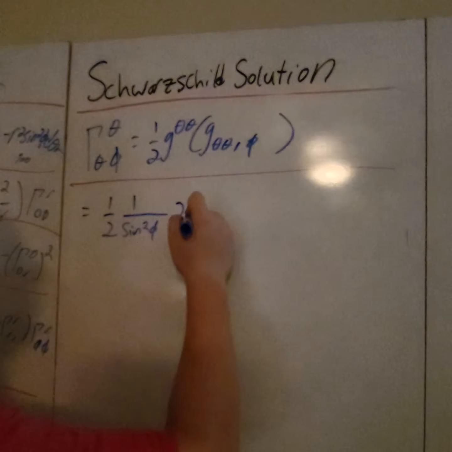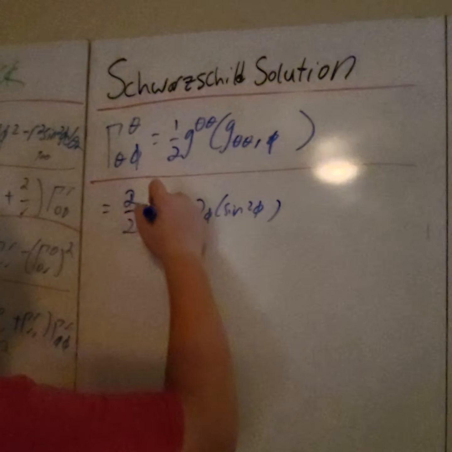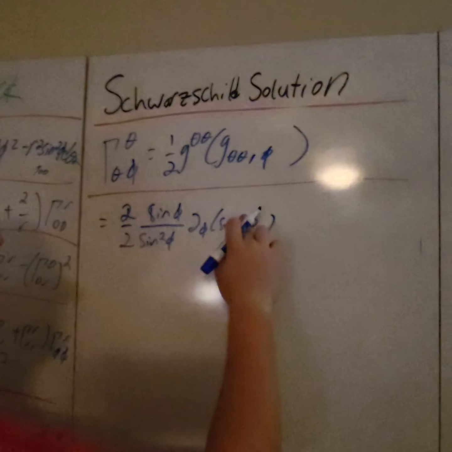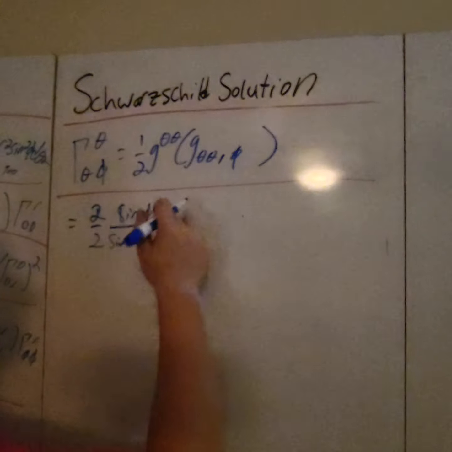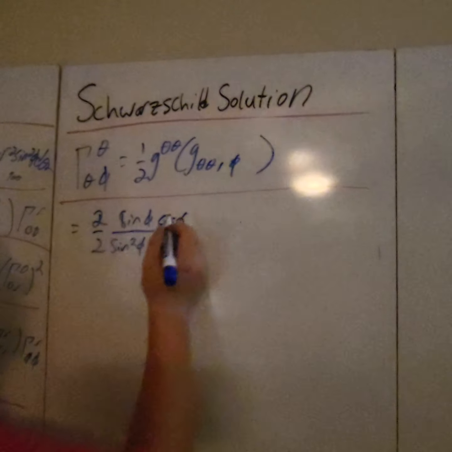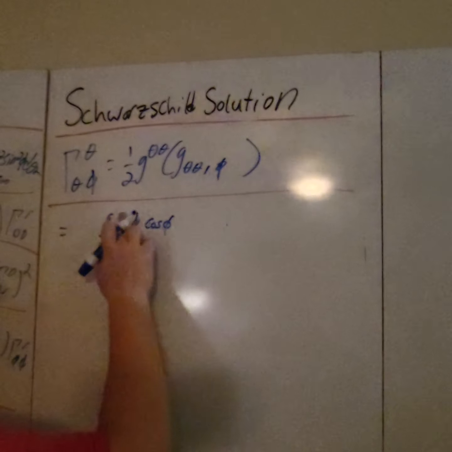phi. Sine squared phi, that's just 2 sine of phi. Cosine phi. 2 cancel. Sine cancel.